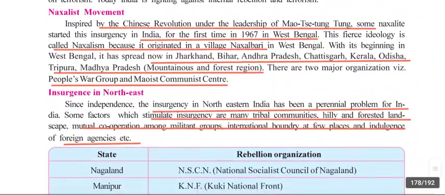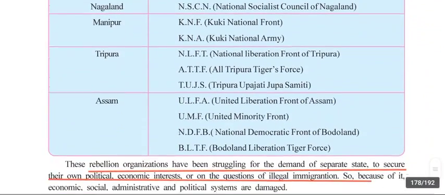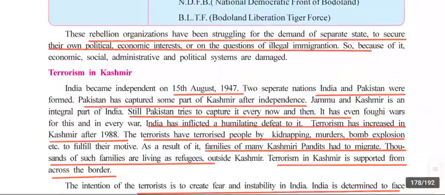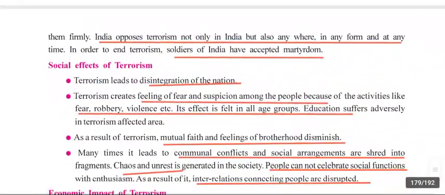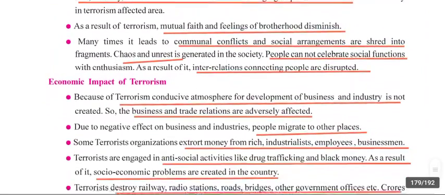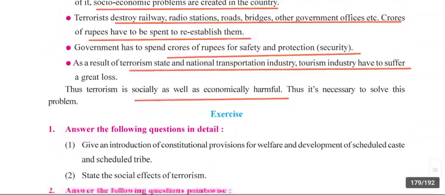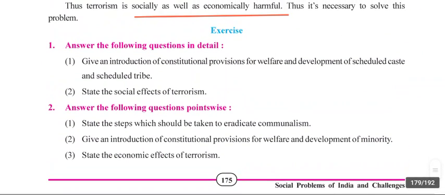The Naxalite movements, the separatists and insurgents in the northeast regions of Nagaland, Manipur, Tripura, Assam. The terrorism in Kashmir and the social and economic impacts of terrorism on not just India but any nation in the world.